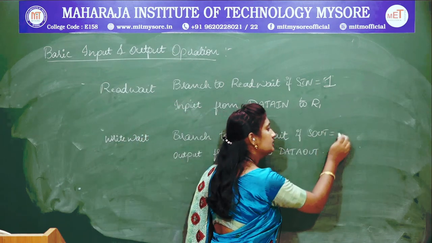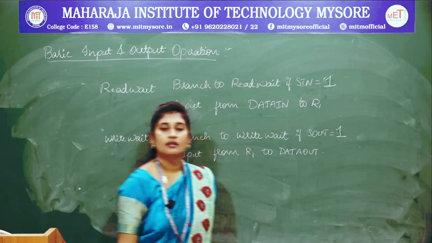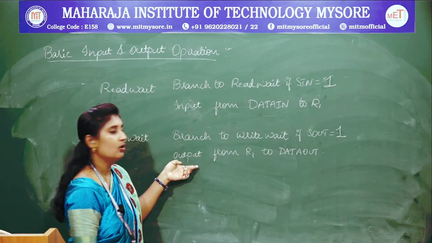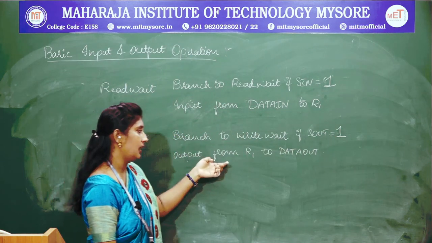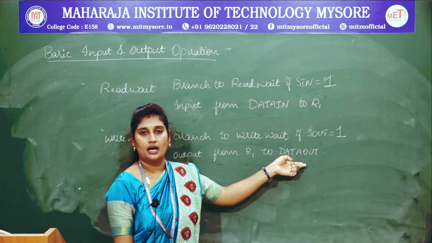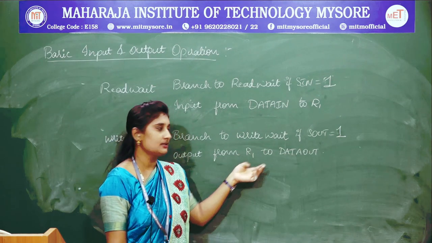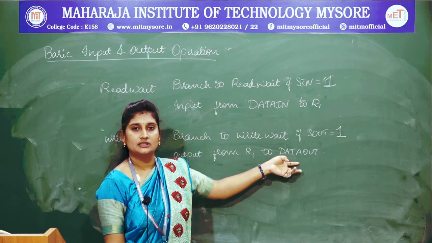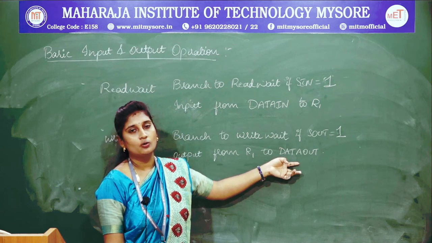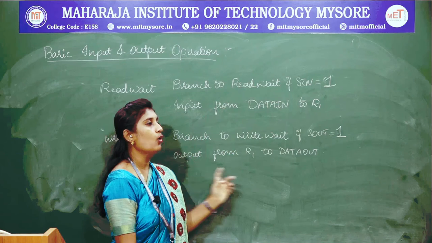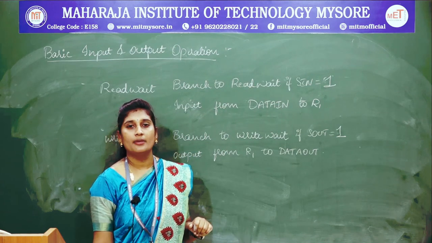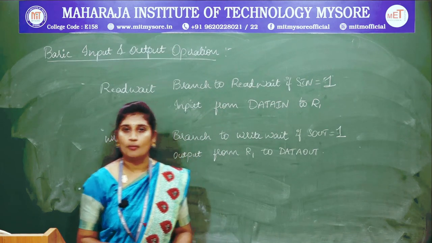If out is 1, you will carry out the function: output from R1 to data out. That is from my processor to the buffer register which is present in your output device. This is the overall operation of your basic input output operations.